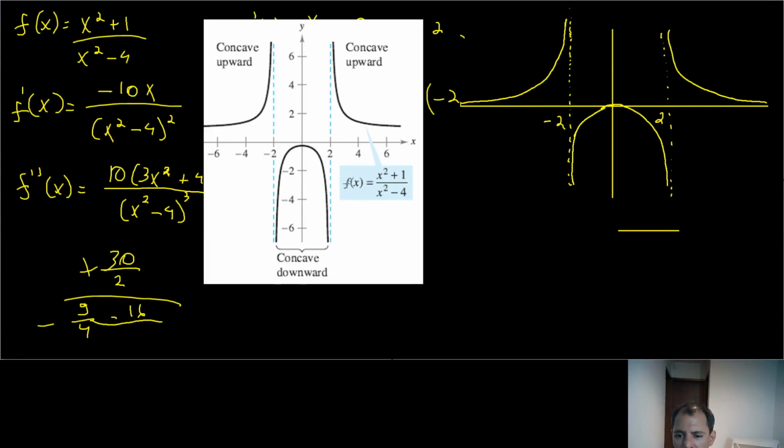And the way we're going to find that out is when we go to limits. The function that makes this graph is x squared plus 1 over x squared minus 4. Just for you guys to understand, we can do a limit as x approaches infinity and minus infinity like this. You have this function, I'm going to copy it over here.